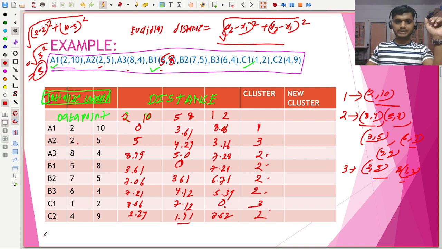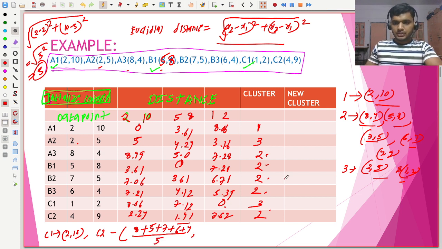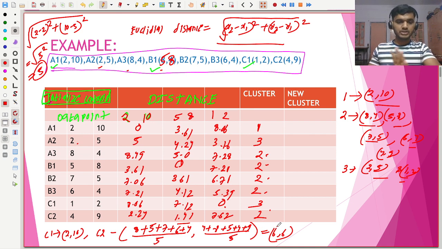For cluster 2, the x values are 8 plus 5 plus 7 plus 6 plus 4, whole divided by the total number, 5. For y, 4 plus 8 plus 5 plus 4 plus 9, whole divided by 5. That is your (6, 6), the centroid 2.